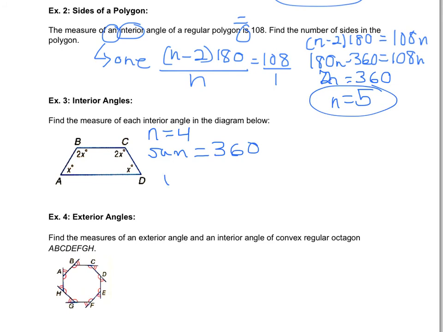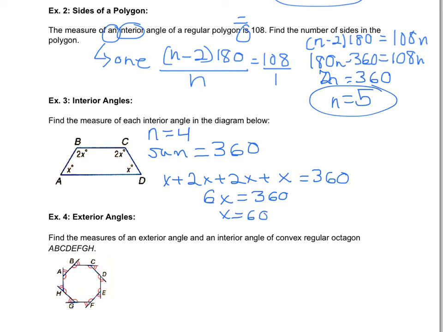If I add up the algebraic pieces there, I've got x plus 2x plus another 2x plus x, so the angles A, B, C, and D are going to add up to 360. Adding like terms, I've got 6 of those x's equals 360, so my x is 60.